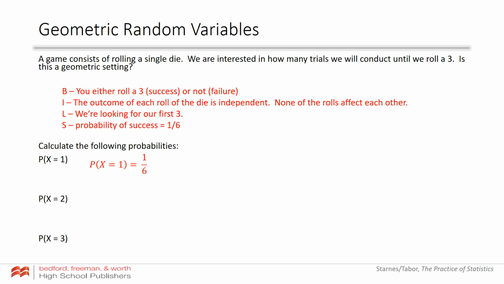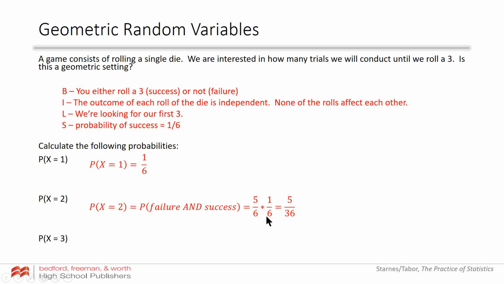Well, what's the probability that x is equal to 2? In other words, that my first success is on the second roll. Well, if my first success is on the second roll, that would mean that the first roll was a failure and the second roll was a success. The probability of the first roll being a failure is just 5 out of 6.